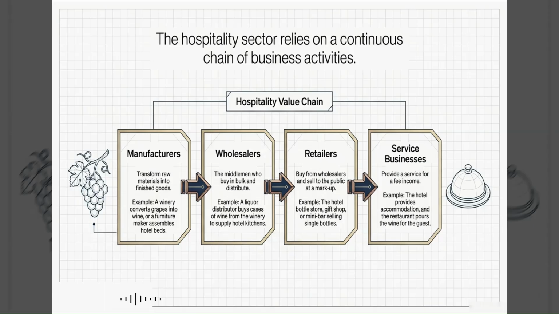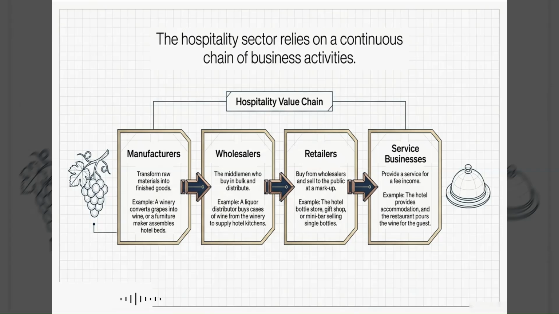Notice what a pure service business does not have. It does not buy goods in order to resell them. So it carries no trading stock, which makes its accounting the simplest of the four. A manufacturer buys raw materials and physically transforms them into a finished product.